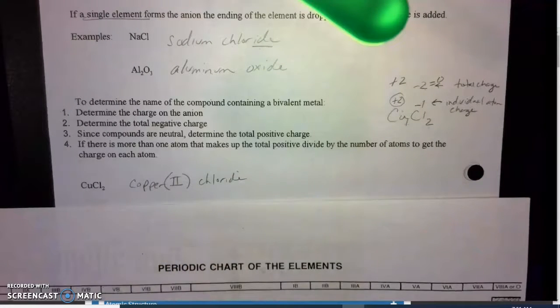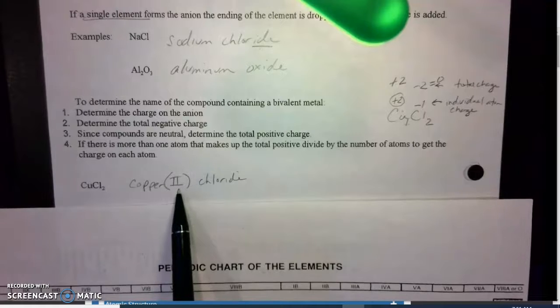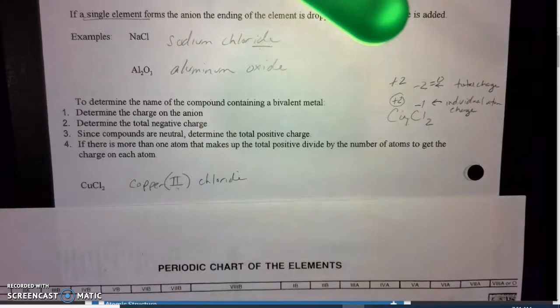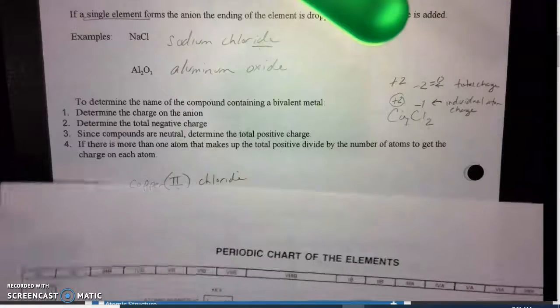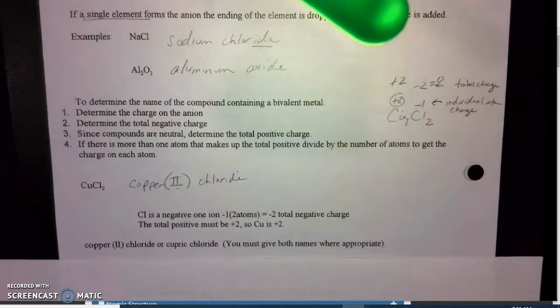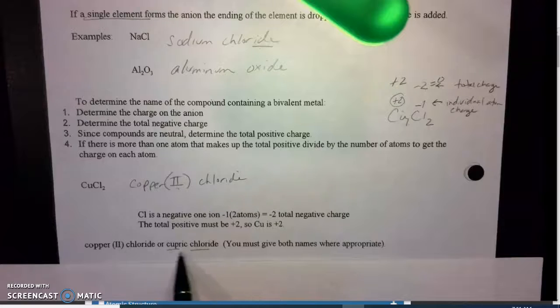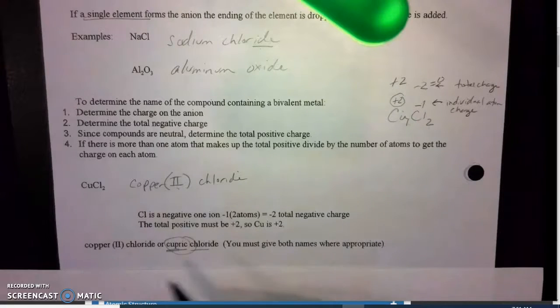Again, the 2 tells us what the charge is. Now, you'll see as we work our way down the sheet, there is a cupric chloride. This is the Latin names.